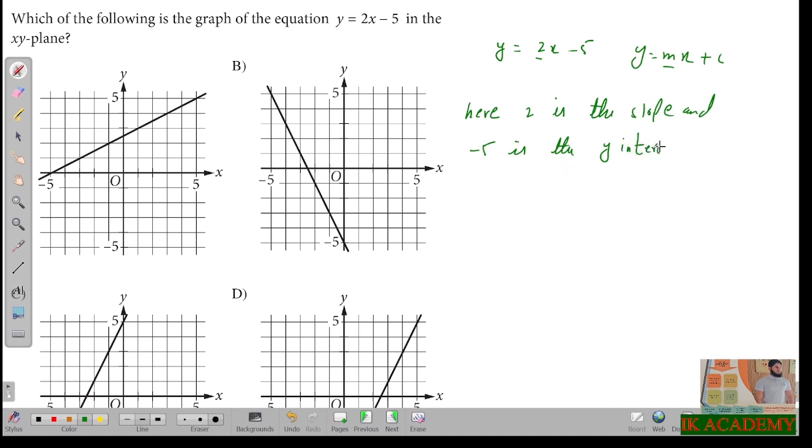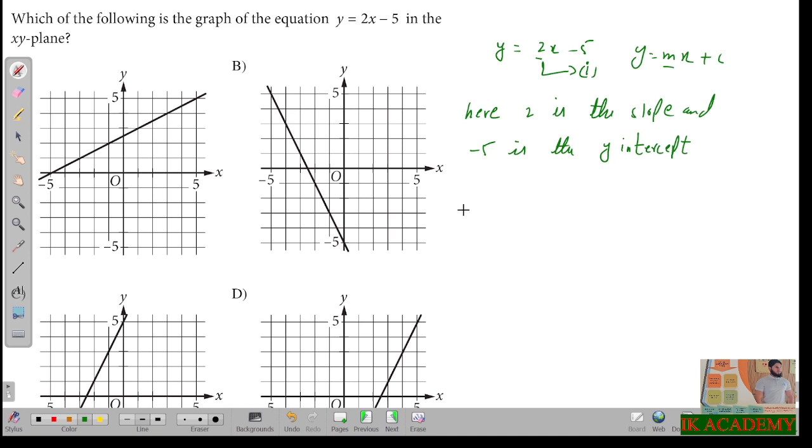What does it mean by y-intercept? Y-intercept means if I put x is equal to 0 in equation 1, I will get y is equal to minus 5. It means the line of this function is touching the y-axis when x is equal to 0.